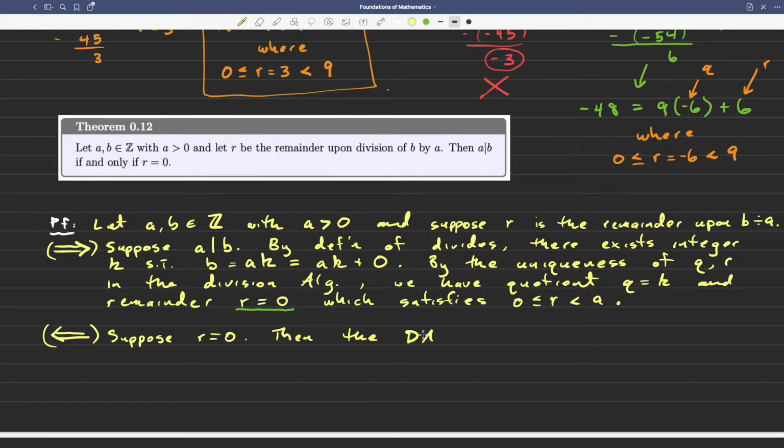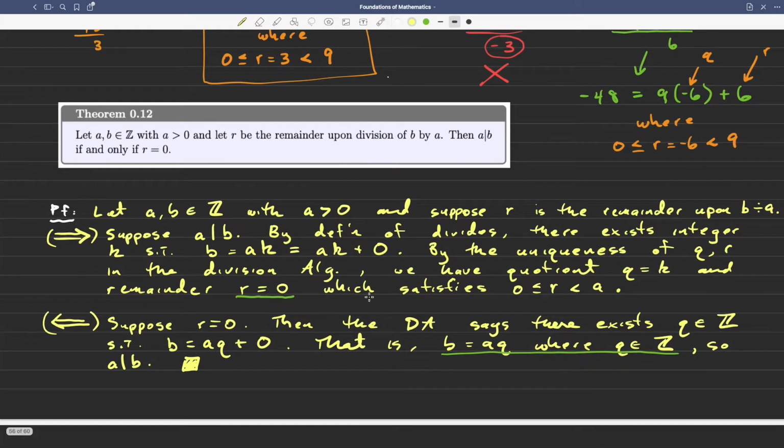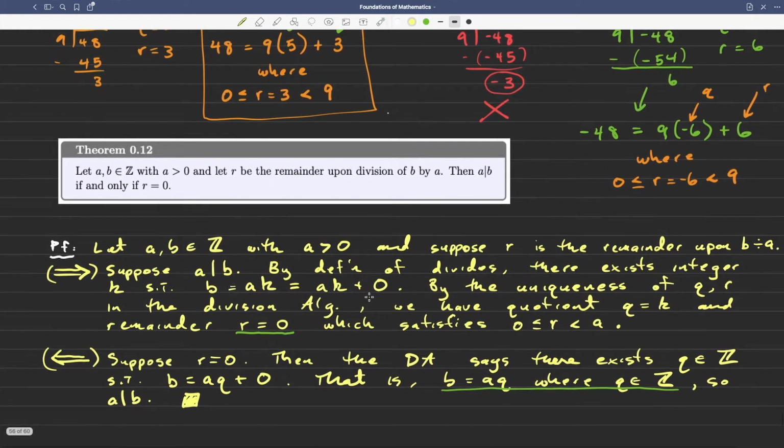Then the division algorithm says there exists some q in the integers such that, since we're dividing by a, b equals a times q, and then we just said suppose that the remainder was 0. Well, that is b is equal to a times q, where q is an integer. And then you see that this bit right here is exactly the definition of a divides b. So, end of proof.